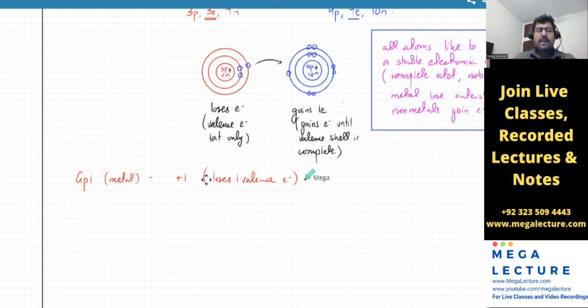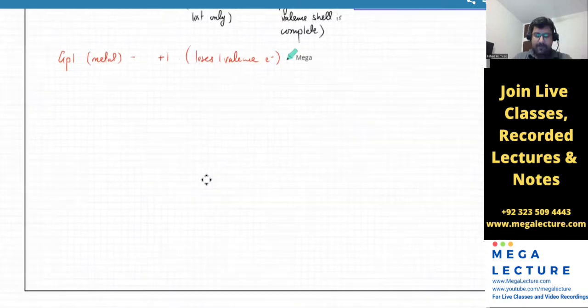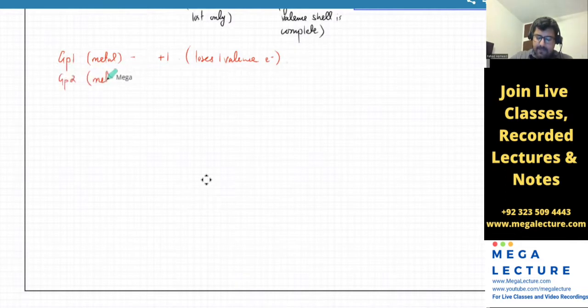So vice versa, if I have group 2, right? So that's also a metal, right? And it's going to form an ion as well. And it will form an ion with the charge of +2.